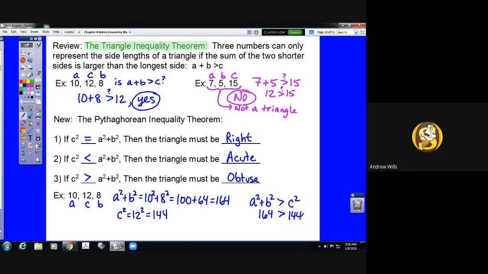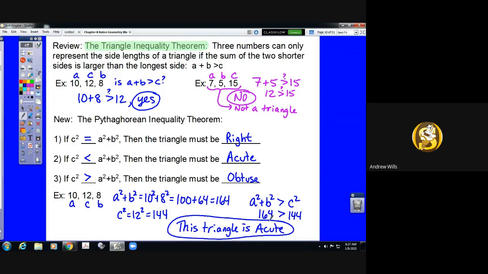That these three numbers represent an acute triangle, because c squared is smaller than a squared plus b squared, or a squared plus b squared is bigger than c squared. Okay, that triangle is acute.